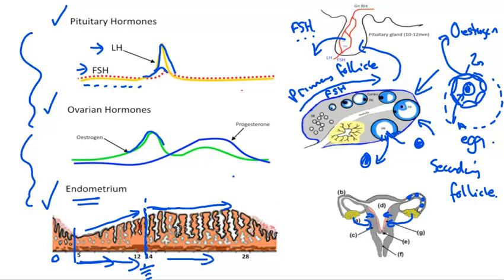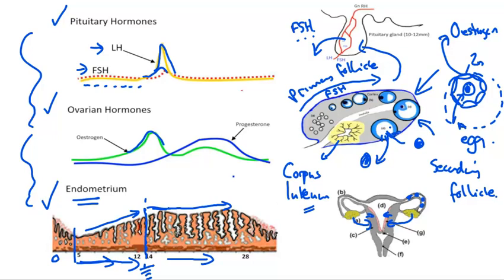After the egg is released from the ovary, from the secondary Graafian follicle, the function of that follicle changes and becomes this structure here, which is called the corpus luteum, and that translates as yellow body.